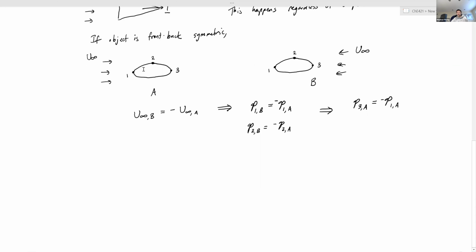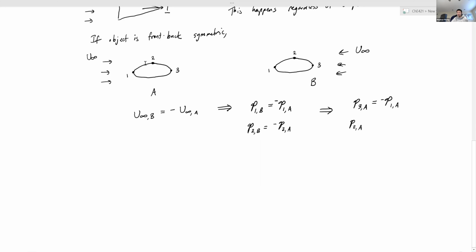And maybe even more interesting, right here, the pressure at 2A, the pressure at this point has to be exactly the same as the pressure at this point, right?